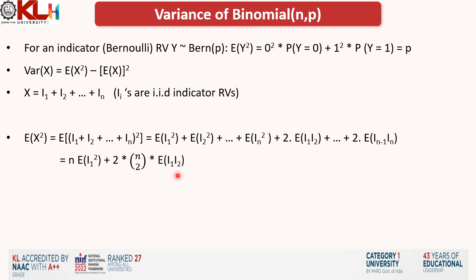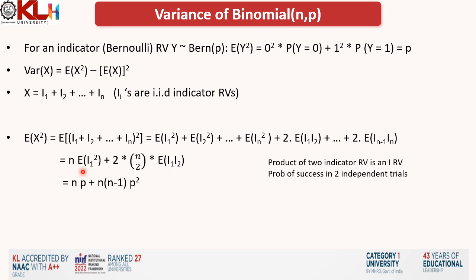Each of them is an indicator random variable, so I1 I2 is also an indicator random variable, denoting success in two independent trials. So this term becomes P square. So we get NP plus, if you expand N choose 2 times 2, N into N minus 1, and the expectation of I1 I2 is P square, because the expectation of an indicator random variable is the probability of success, and the probability of success of this random variable I1 I2 is P square.